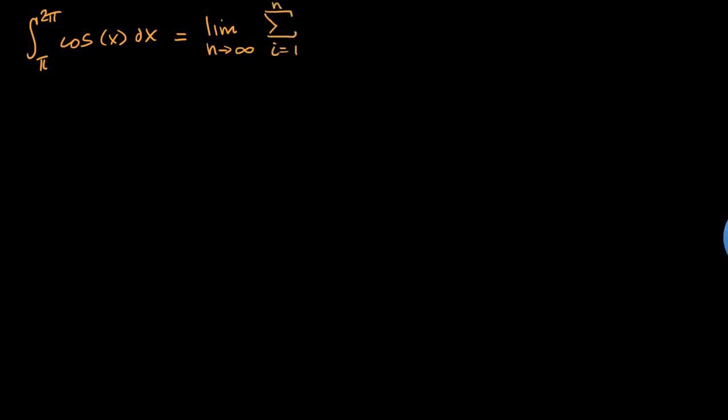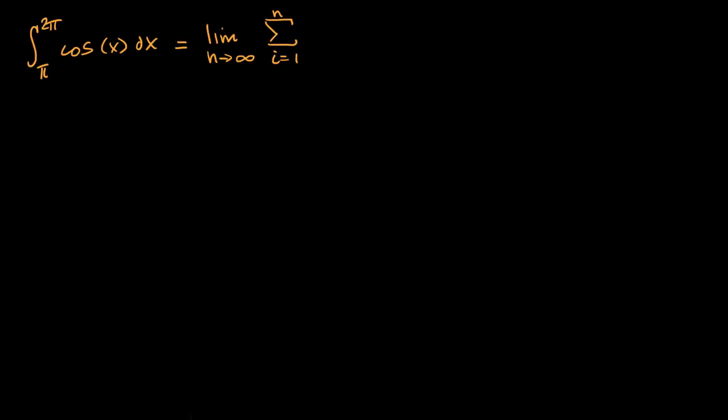Let me scroll down a little bit so it doesn't get all squished up at the top. And so let me draw what's actually going on so that we can get a better sense of what to write here within the sigma notation. So let me do it large. So if this is pi right over here, this would be 3 pi over 2, and this would be 2 pi right over here.